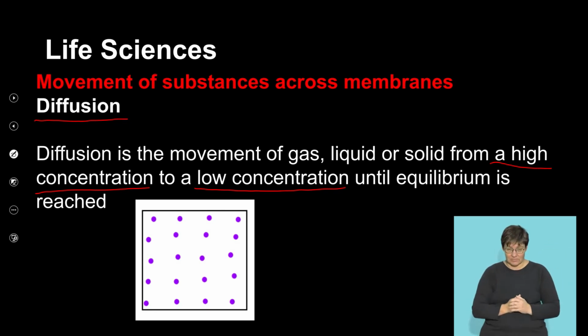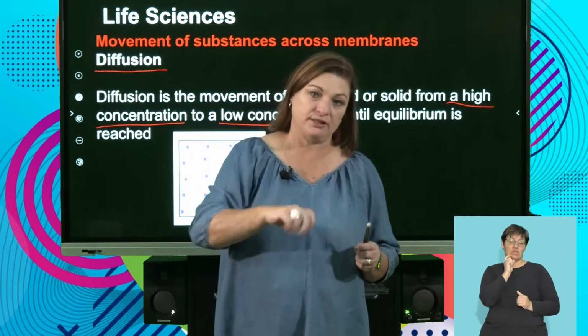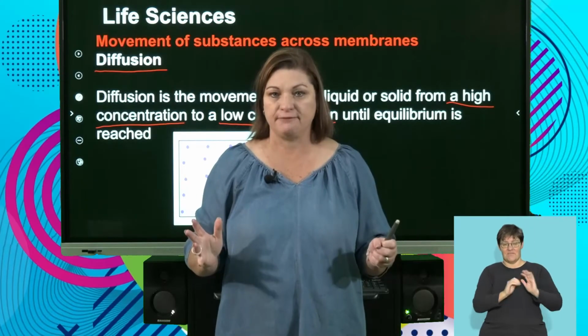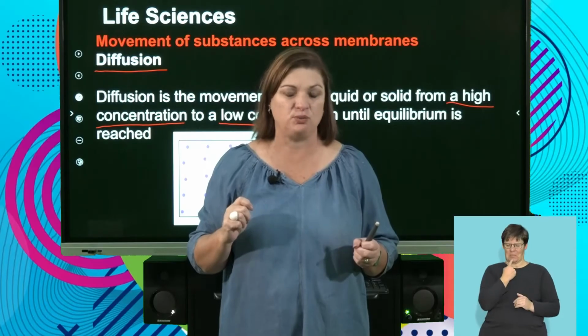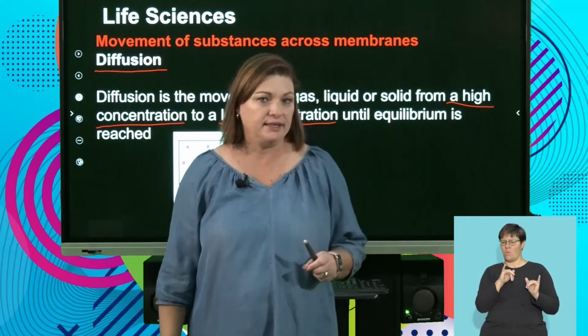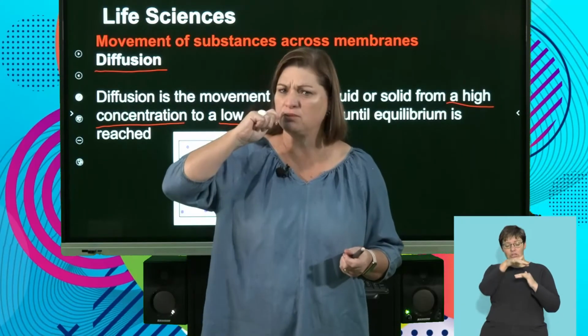Okay, so let's use this analogy. You have a cup of tea, and you put sugar in it, and you just leave it. If I sip the top part, it's not very sweet. But if I wait a little while, the top part will also become sweet.